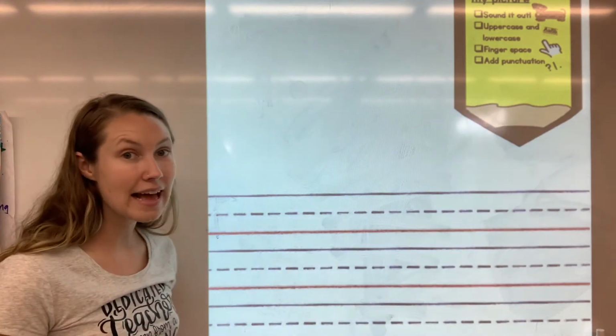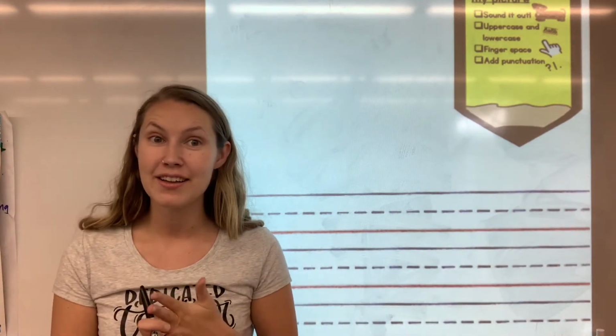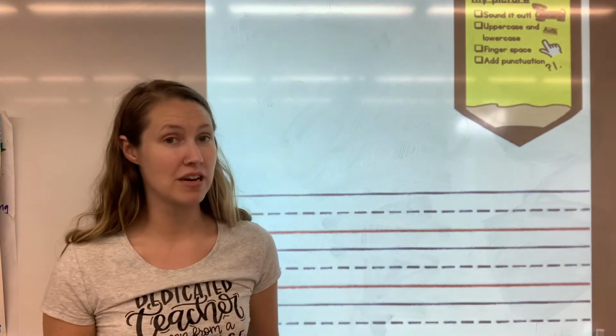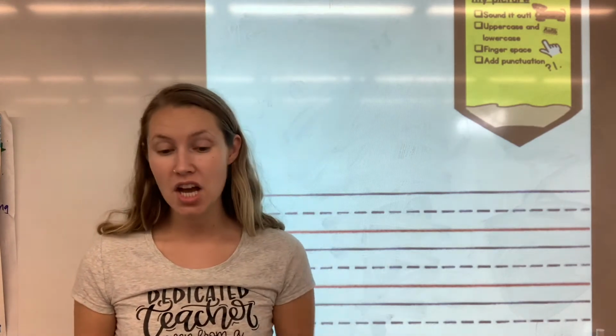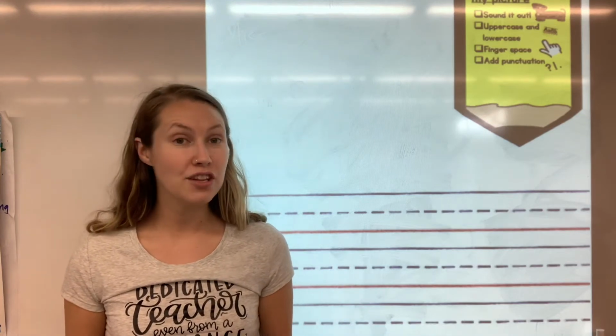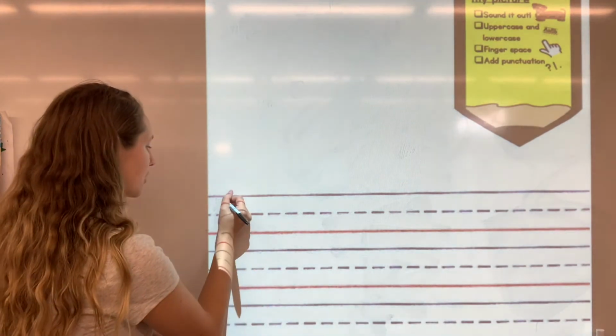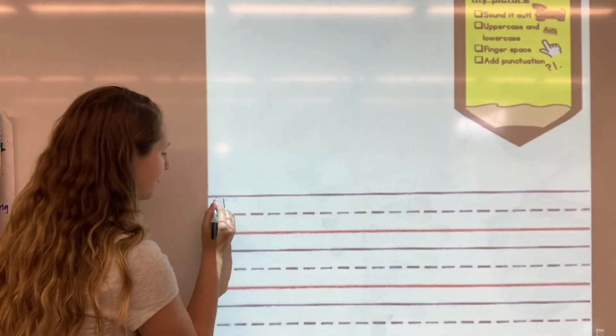So we've spent the last couple of days using these words I, like, and the. So I think I can do it from memory now. If you can't, go ahead and find them in your personal word wall book, and then you can try and start memorizing them too. So I'm going to start with my capital I.